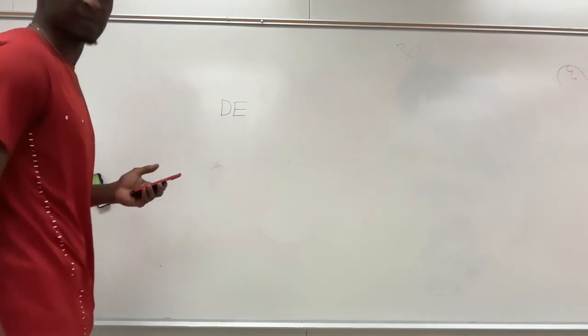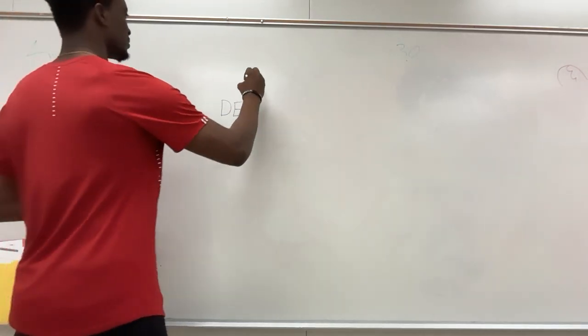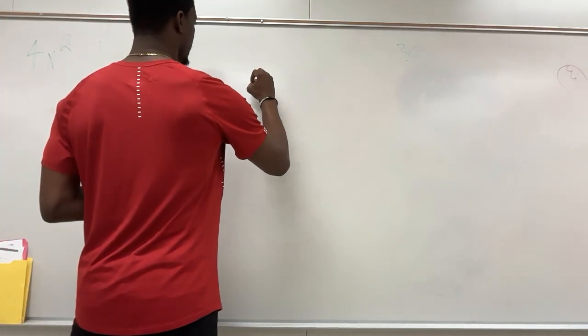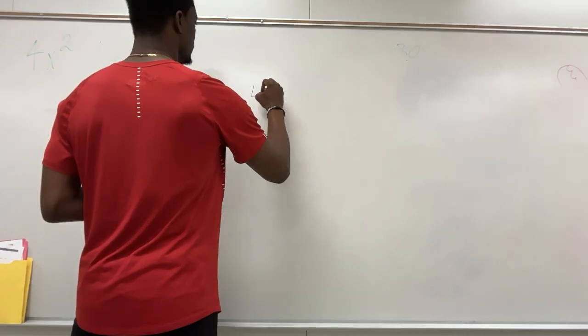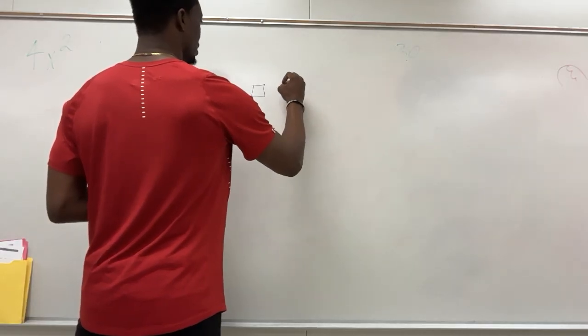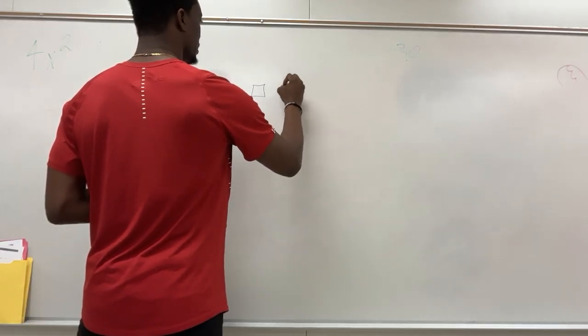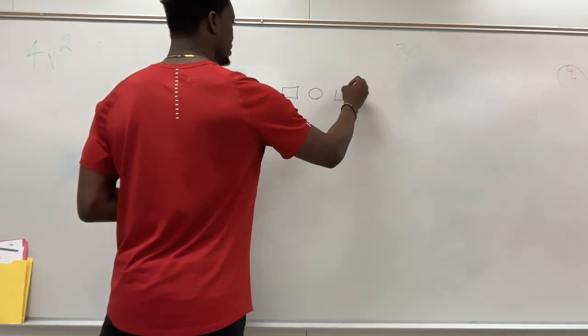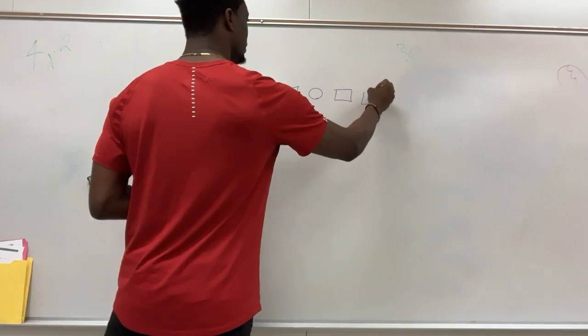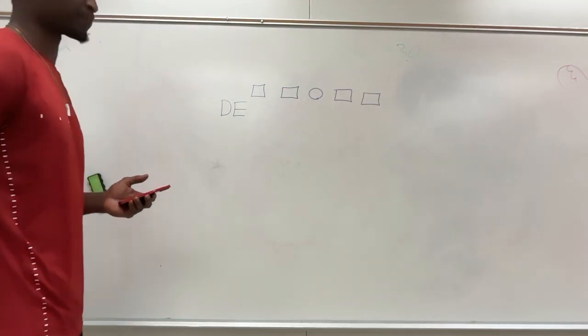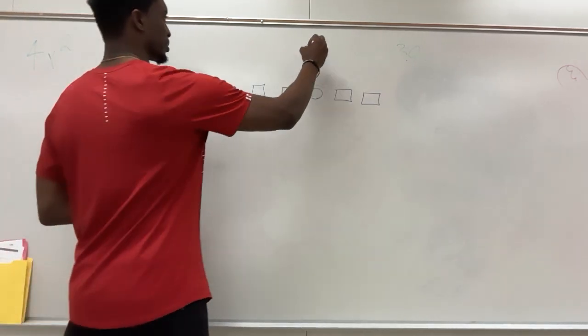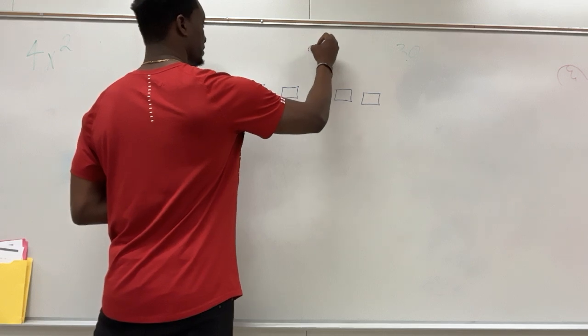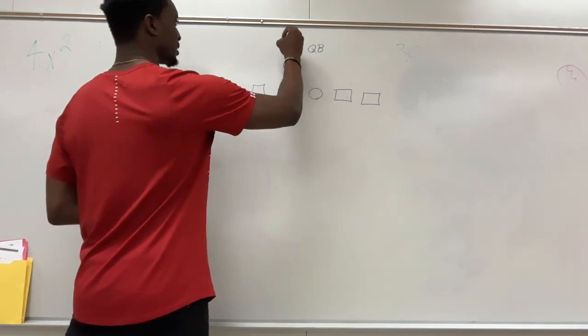All right, defensive end. We got offensive tackle, offensive guard, center, guard, tackle, quarterback, and halfback.